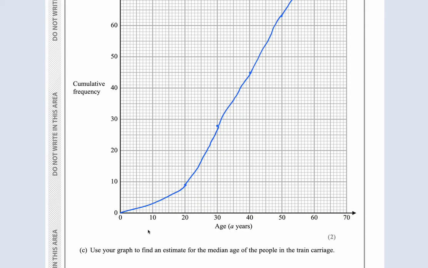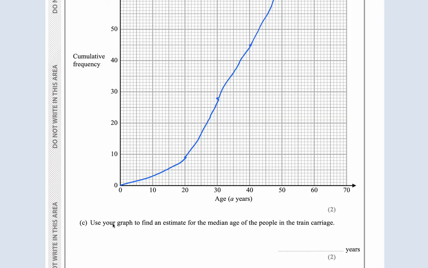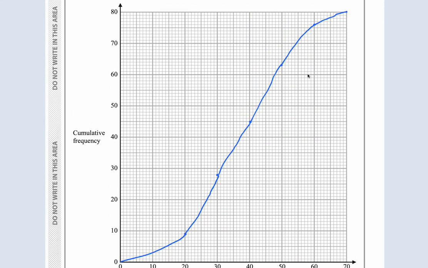But draw it as accurately as possible, because then when they ask me this, use your graph to find an estimate for the median age of the people, how well my graph has been drawn is going to affect this a lot. So, there's 80 people, so I halve 80 to give me 40.